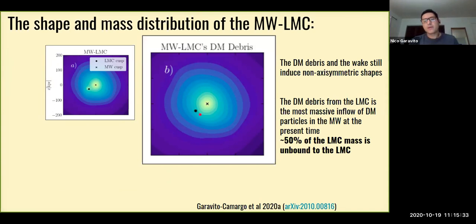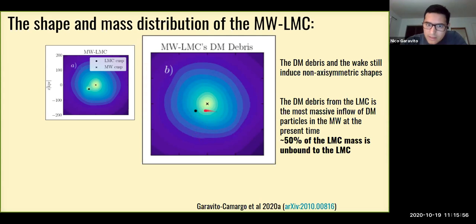And by the way, this debris is roughly 50% of the initial mass of the LMC at the beginning, before the LMC enters. So it's a lot of mass, and it will also be very important to detect that dark matter debris. It will be an additional proof of dark matter.